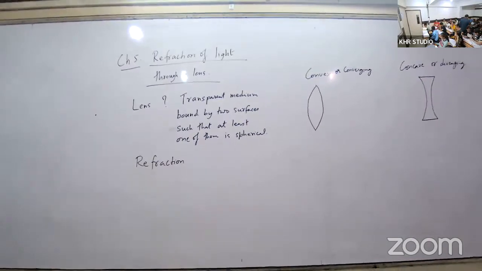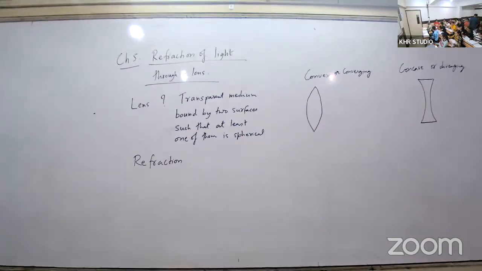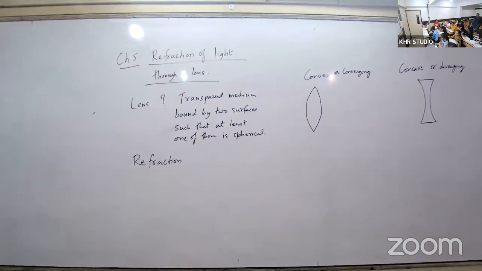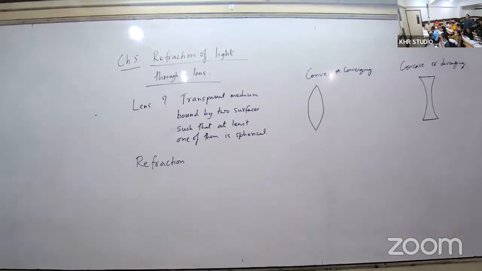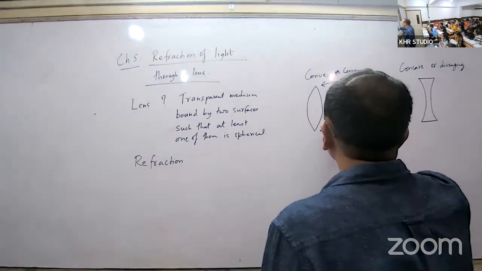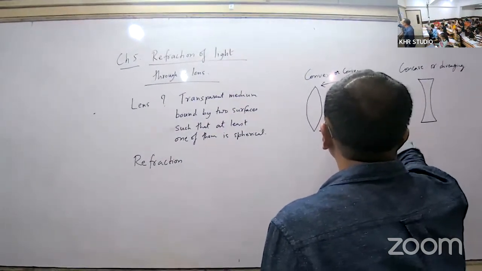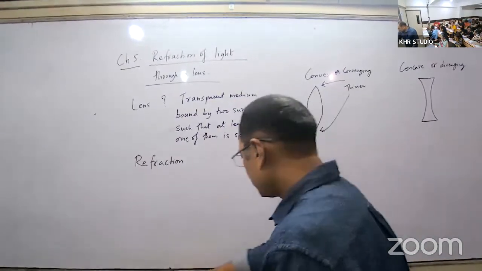Convex is thicker in the middle and thinner at the edges, whereas concave is thicker at the edges and thinner in the middle. Is the spelling correct?